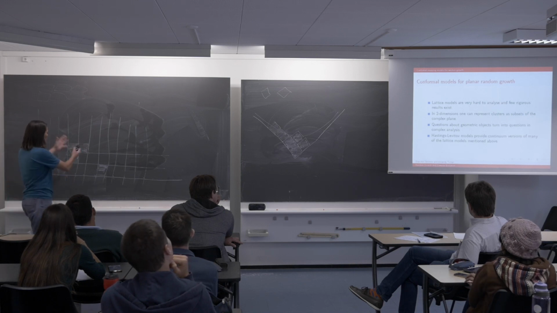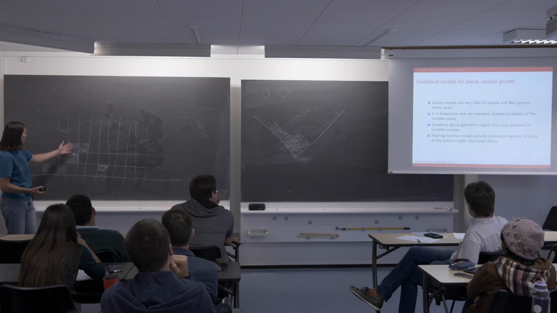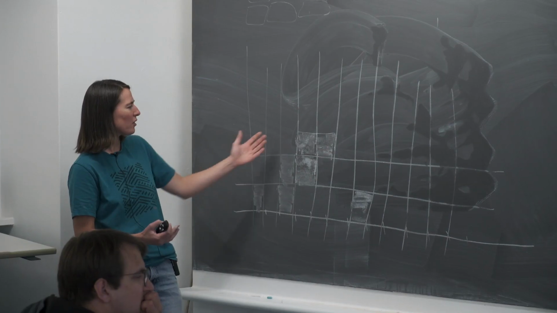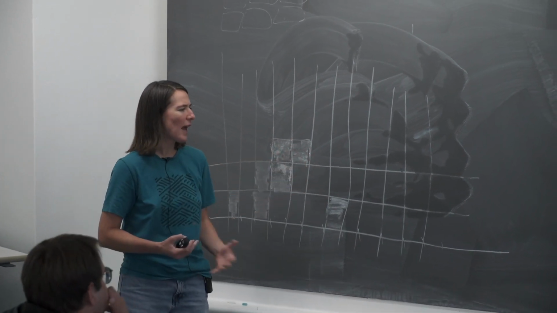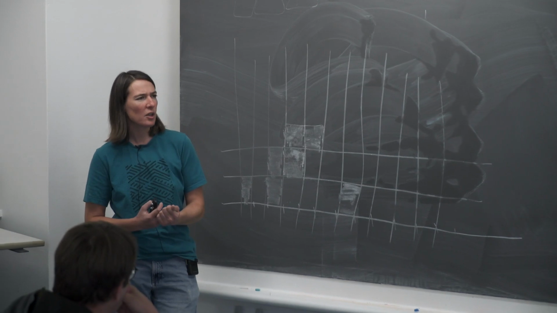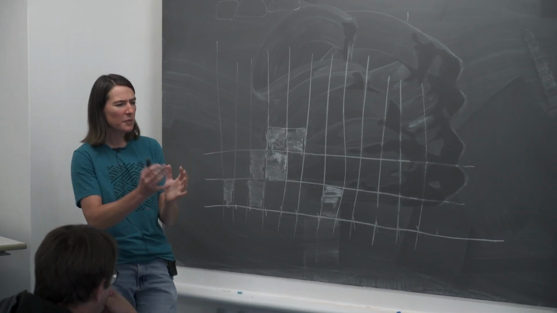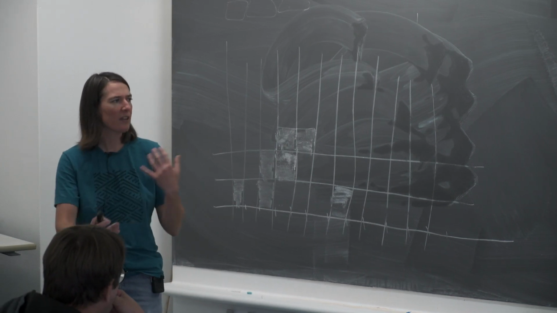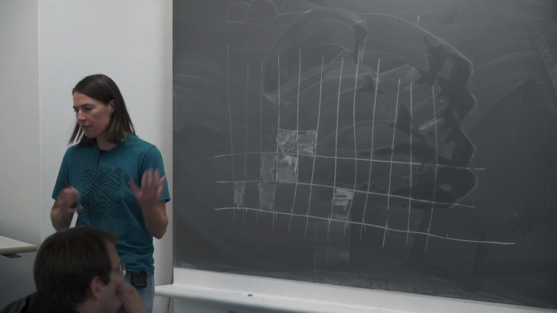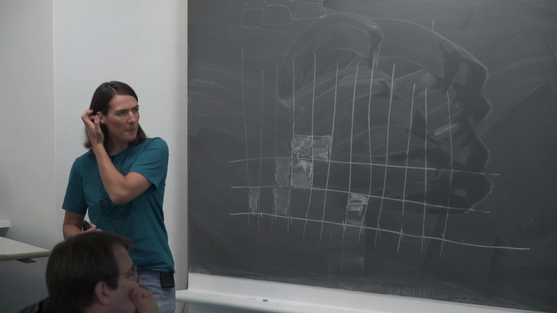If you just look at this, how can I study this? To have to describe every single height, that's a lot of information to keep control of. There's long-range interactions. There's really not a lot of obvious tools that you can use. And so the results that exist, the tools tend to be quite specialized to that particular problem, and they don't generalize very easily between different discrete models.